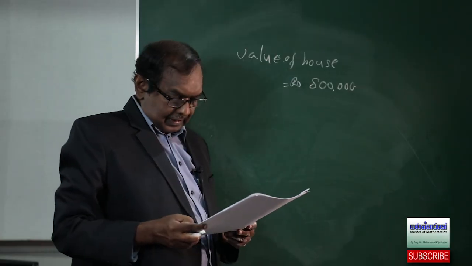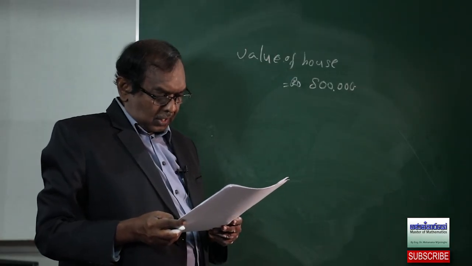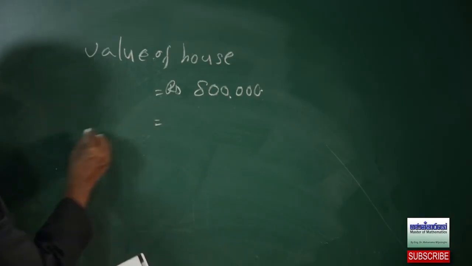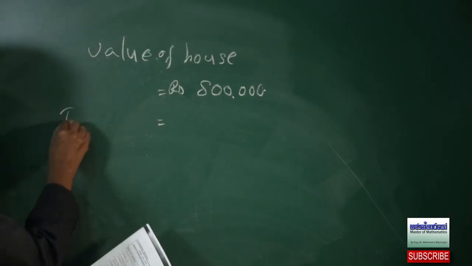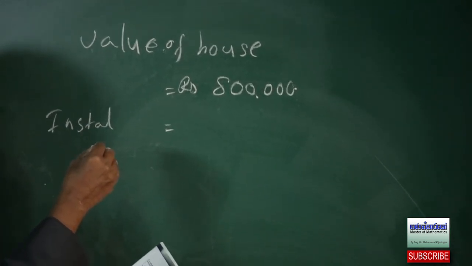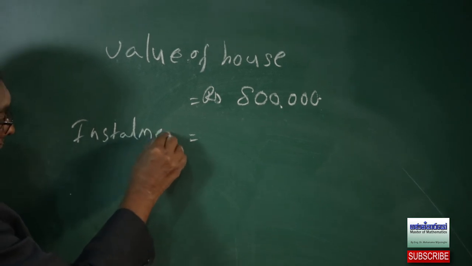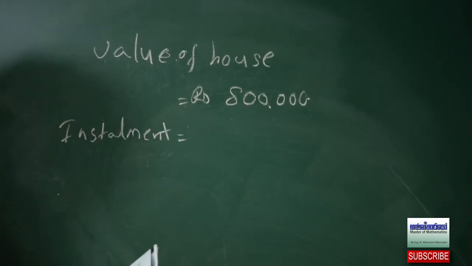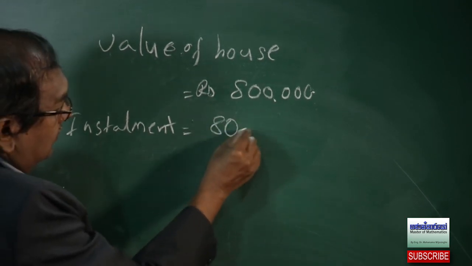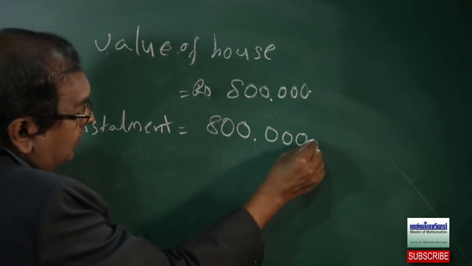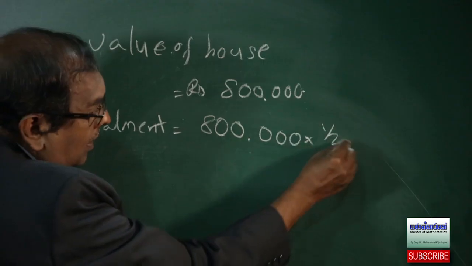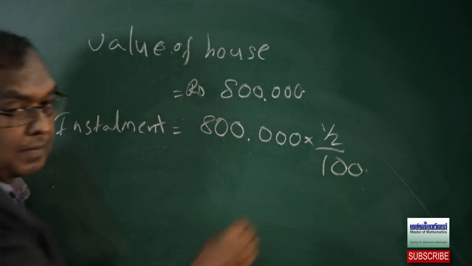What is the annual installment we have to pay? It is 0.5% of that value. 800,000 into 0.5%, that is half divided by 100.